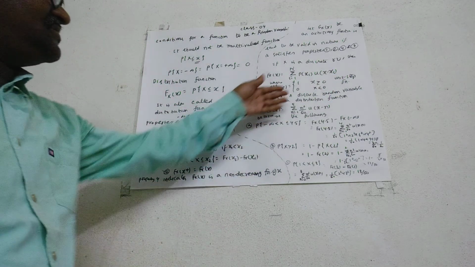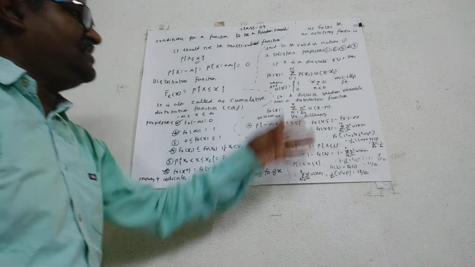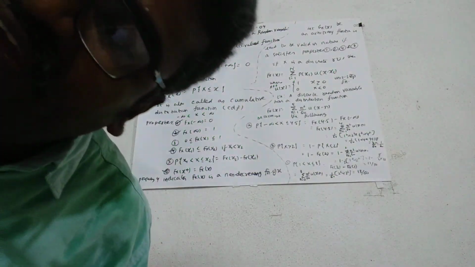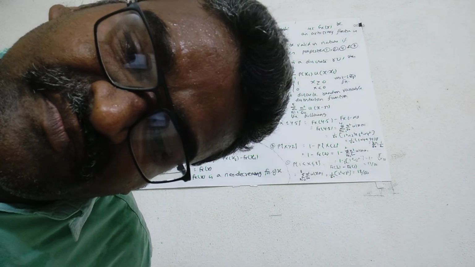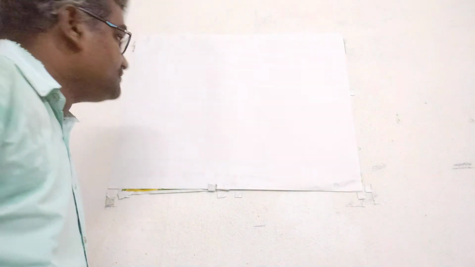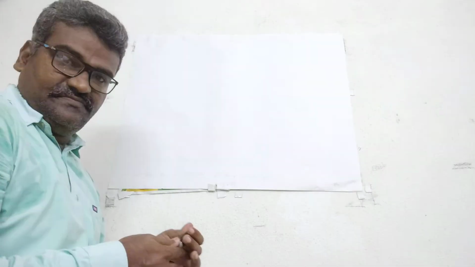Okay, next we have seen some small example problems in relation with the discrete random variable. In continuation we shall see another example problem.